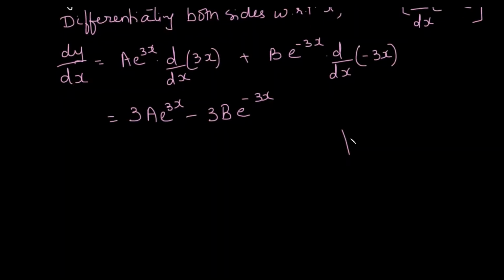Then in the next step, we are going to differentiate it one more time, that is, we find the second order derivative. So differentiating both the sides with respect to x again.